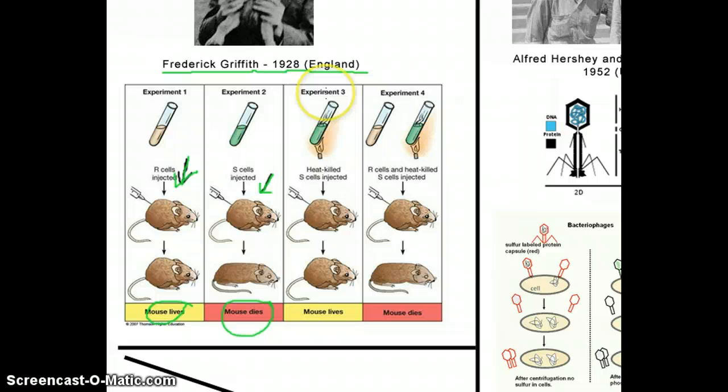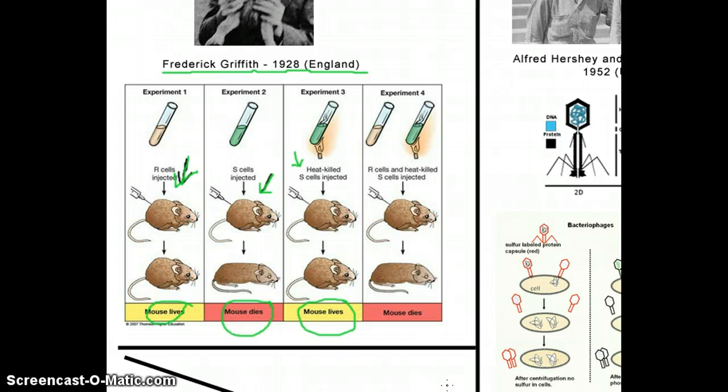So to test what would happen to these S cells if he killed them, he took the S cells and he heat killed them. That's basically the same as if you were to jump into a fire, it would kill you, right? What he did was he took these S cells, the deadly ones, and he ran them over a fire until he killed them all. Then he injected that mixture into a mouse, and the mouse lived.